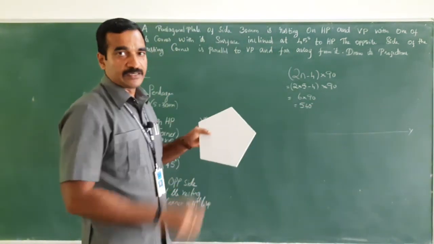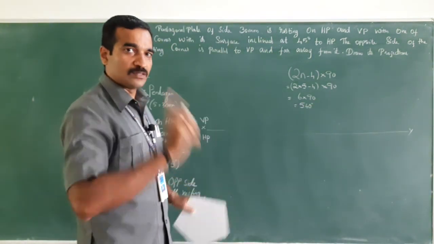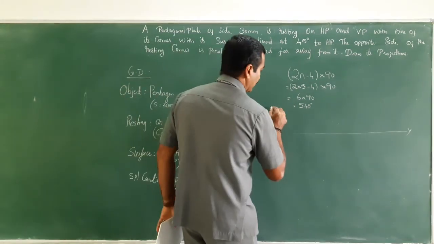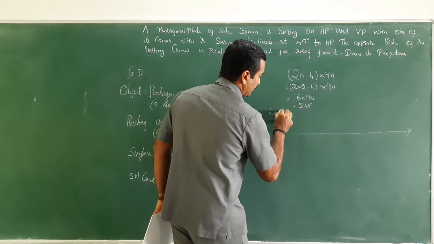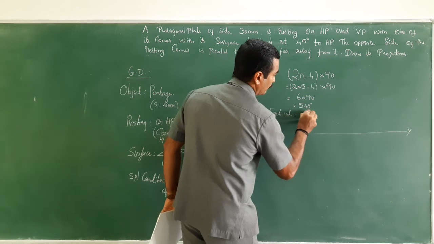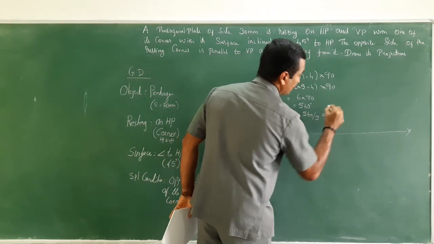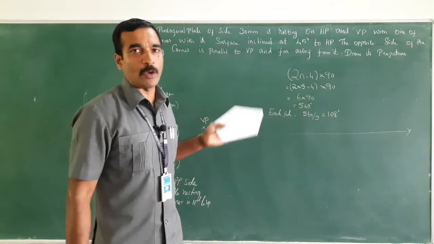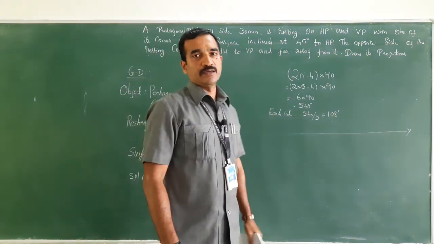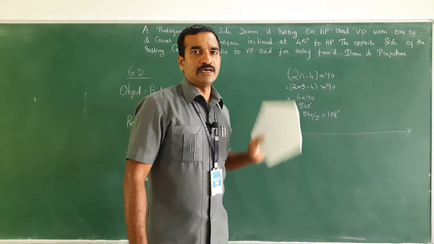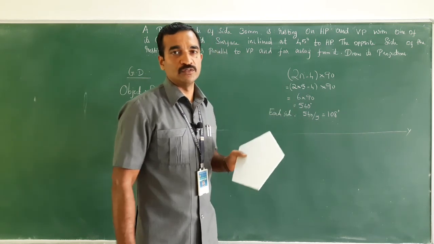All the 5 sides. So, for each side, it could be 540 divided by 5, which could be 108. This is applicable for square, hexagon and all the polygons; it is useful.